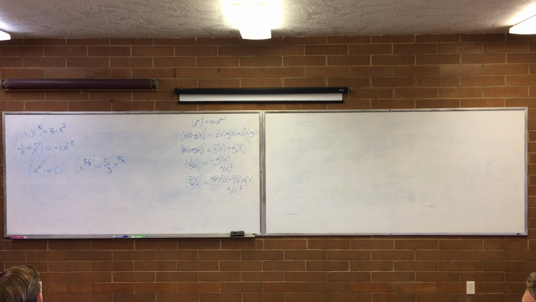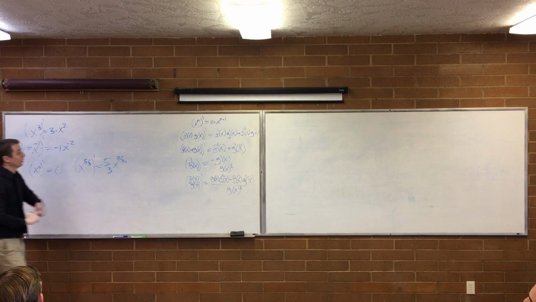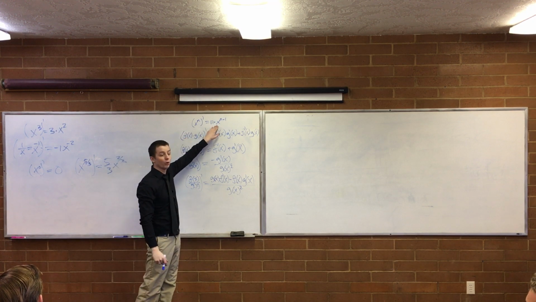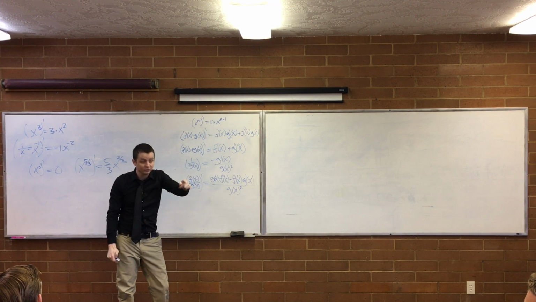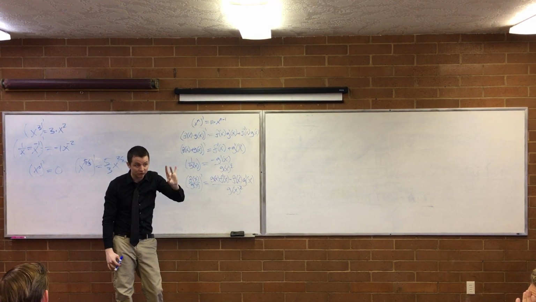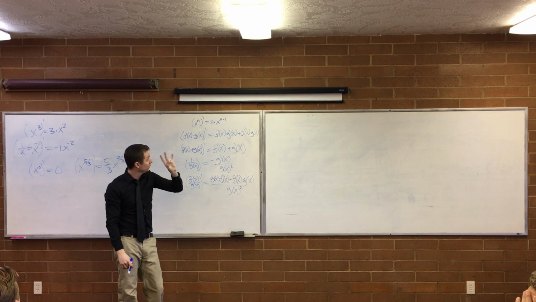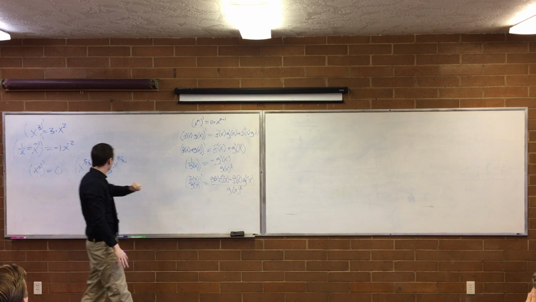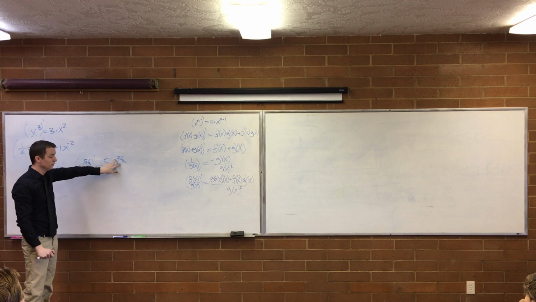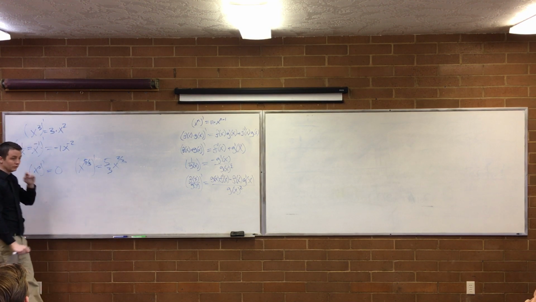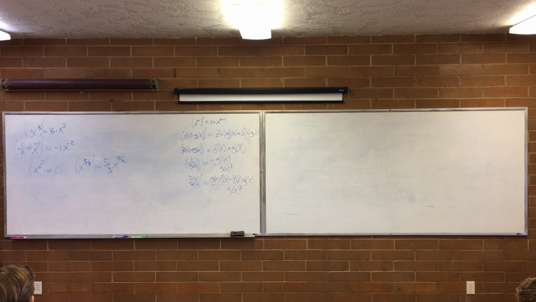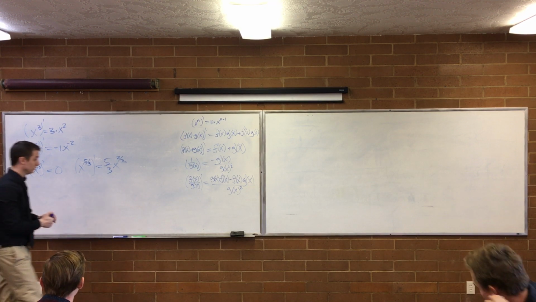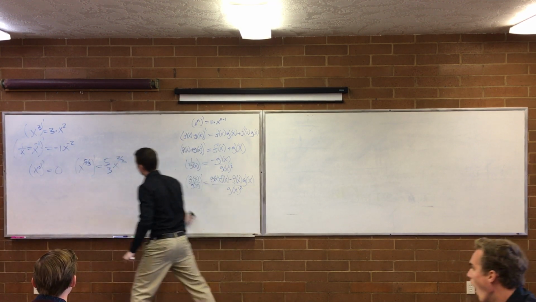Remember that we proved this for naturals, and then we did it for negative integers, and then we did it for rationals. So for any rational number I put here, this works. Okay? So that's the first rule.